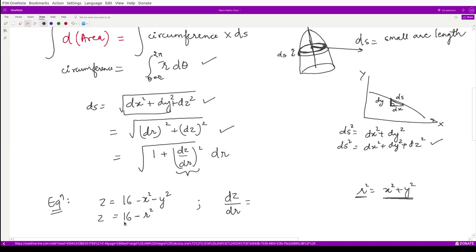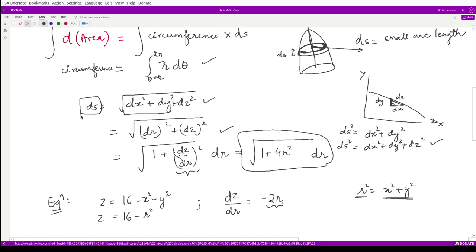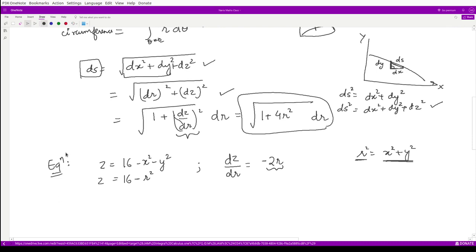When you take the derivative of z with respect to r, you get minus 2r. So this quantity becomes the square root of 1 plus dz by dr, that is minus 2r, its square would be 4r square, into dr. So we have this as the value of ds. We have ds, we have the circumference. So what is your area here?